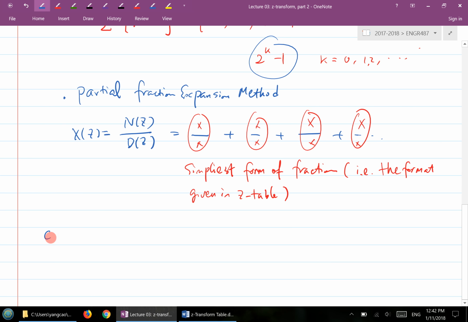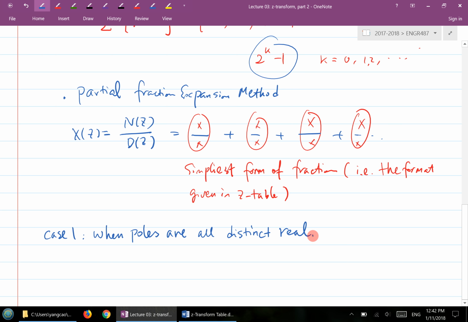Let's look at case number 1. This has a lot to do with the type of poles for the denominator D of z. Let's look at the first, simple one: when poles are all distinct, real.